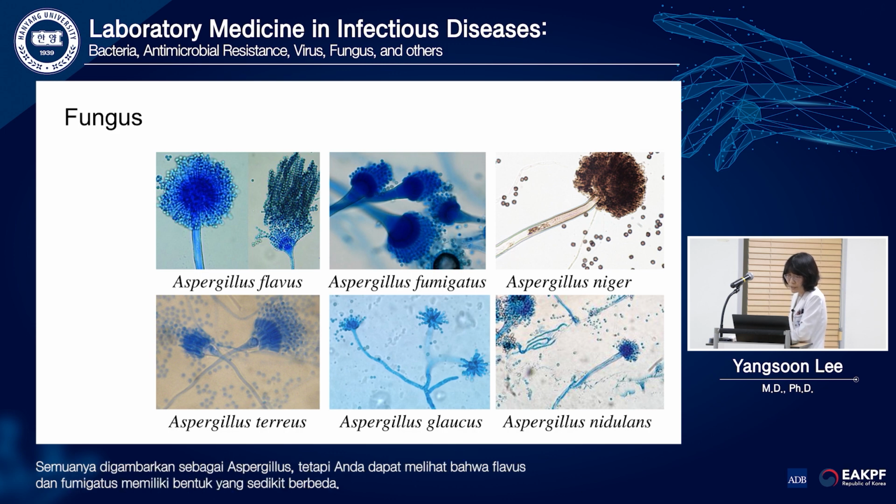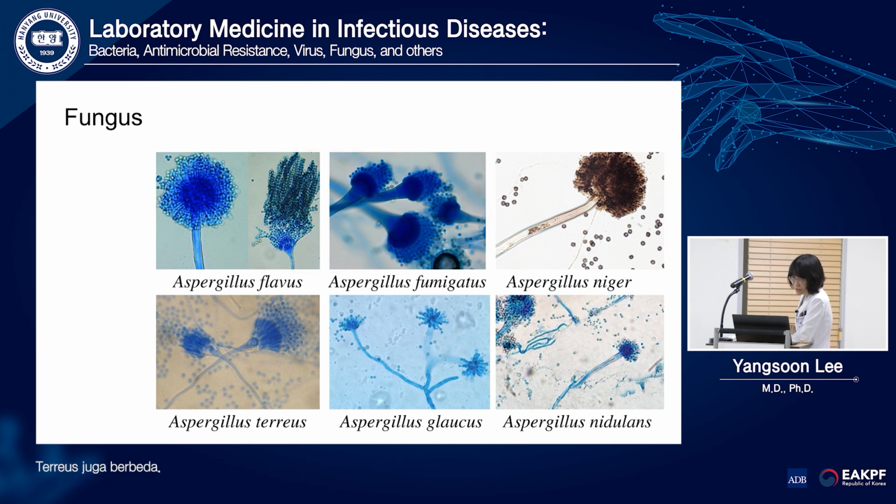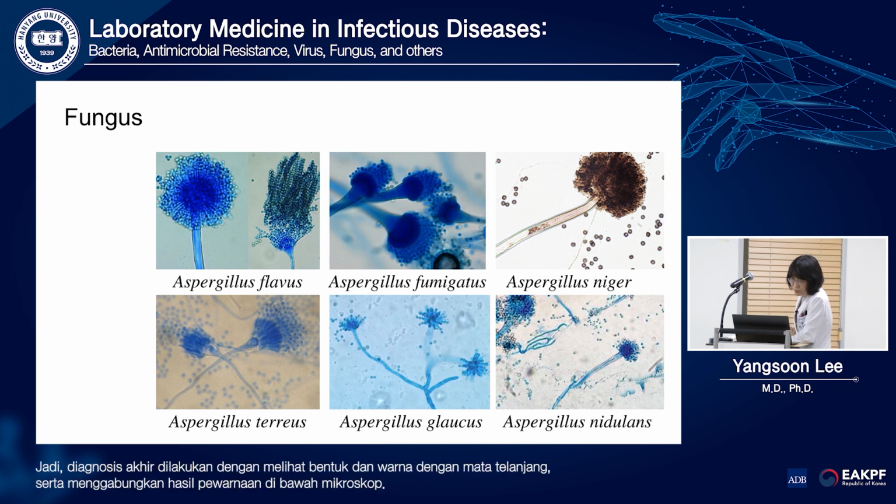All of them are described as Aspergillus, but you can see that flavus and fumigatus have slightly different shapes. And terreus is also different. So the final diagnosis is made by seeing the shape and color with the naked eye in the previous slides, and by combining the result of staining under a microscope.